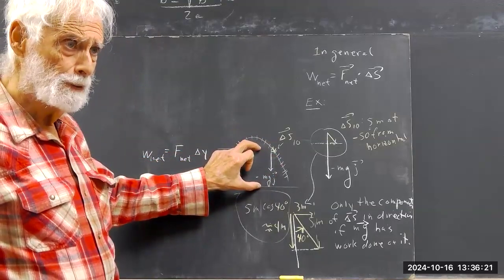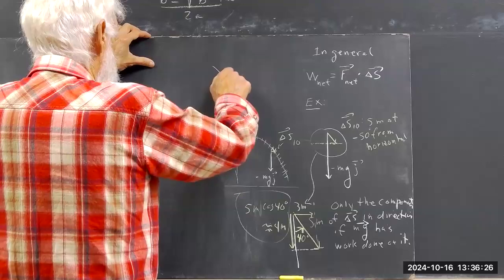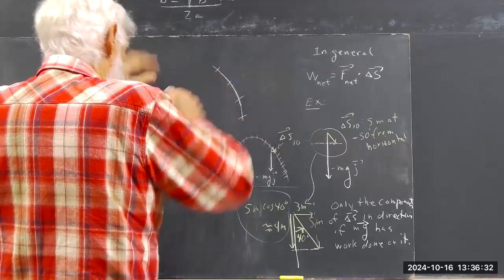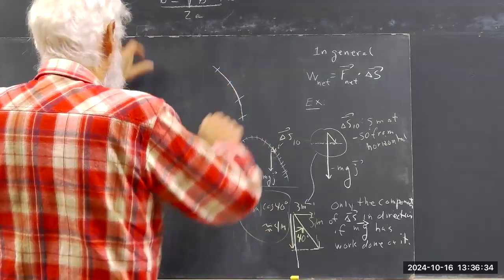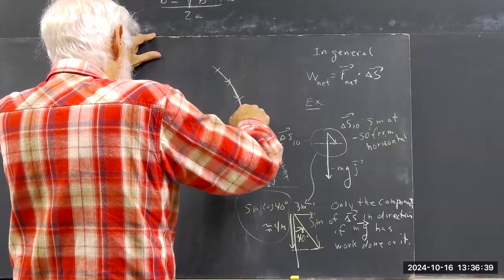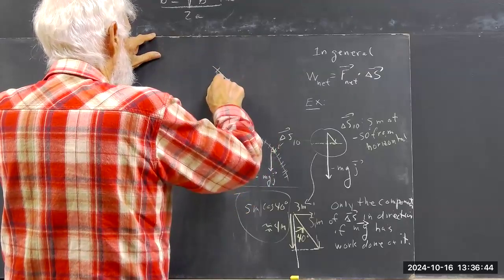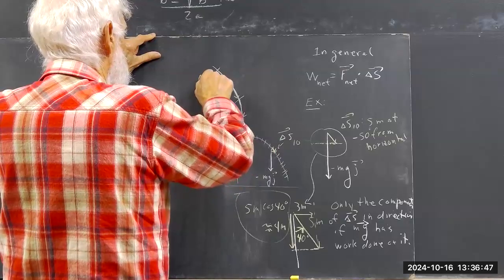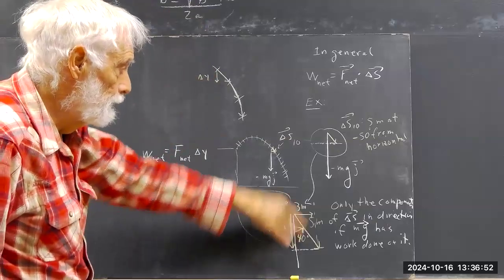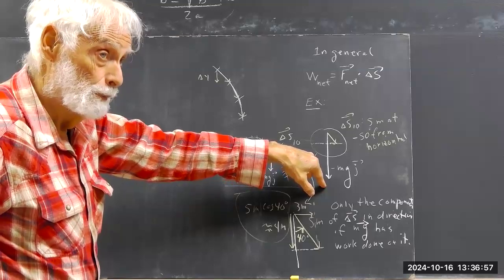Does that make sense? We could draw that picture. Let's say we've got 3 segments here. We have a delta S here, a delta S here, and a delta S here. Each one gives a delta Y, because when you project it on the direction of your force, which is in the Y direction.